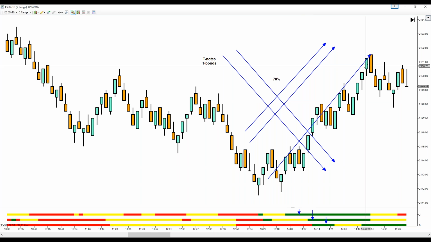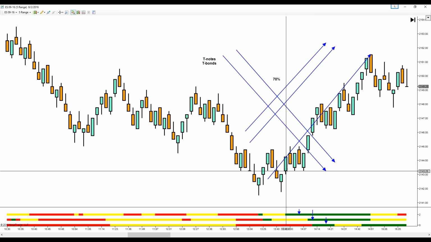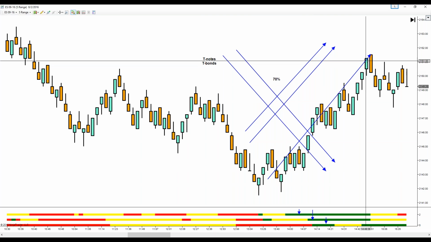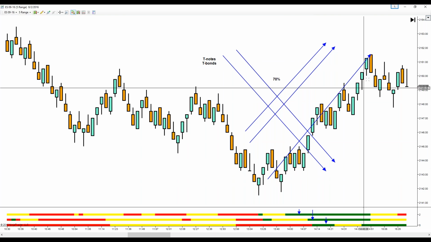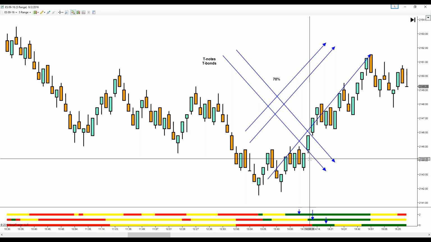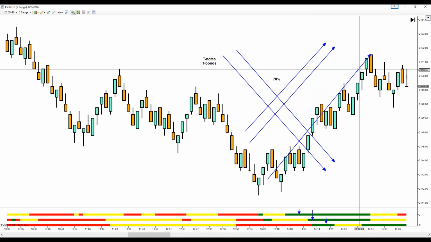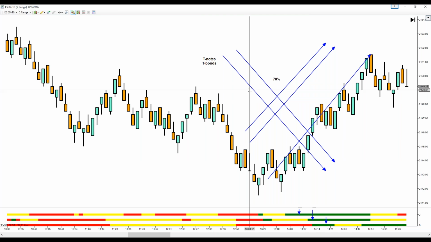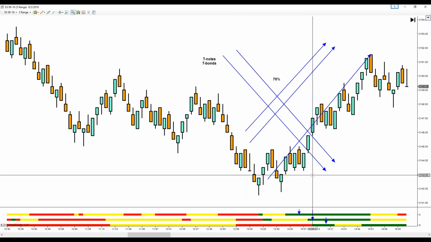Now, when the E-mini goes up, and the markets that should go up 70% of the time do go up, and the markets that should fall 70% of the time when the E-mini goes up fall, then the quant line is going to turn green. It's going to tell you that money is flowing into the E-mini and its correlative long markets and moving out of correlative markets that go down.